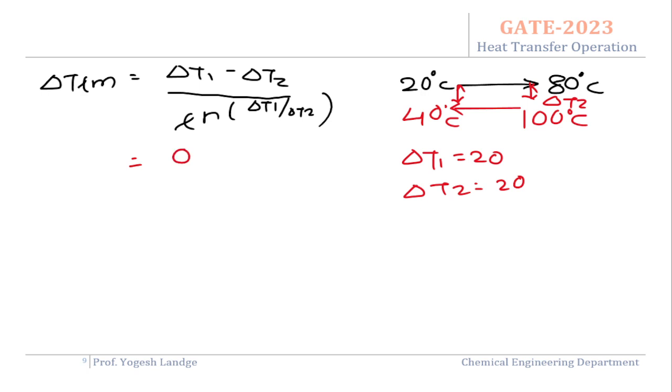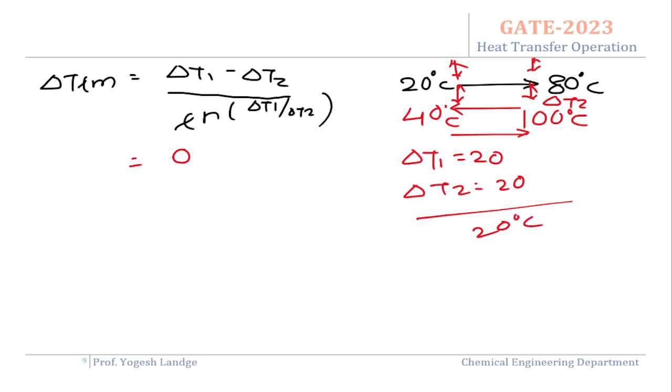But whenever such a case arises, that the temperature difference at the initial end and at length L is the same, then we can assume that across the length the temperature difference remains constant.